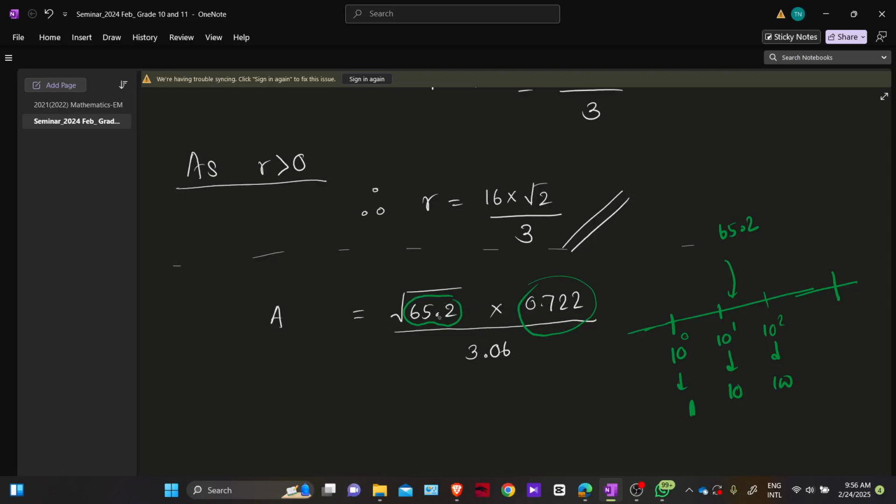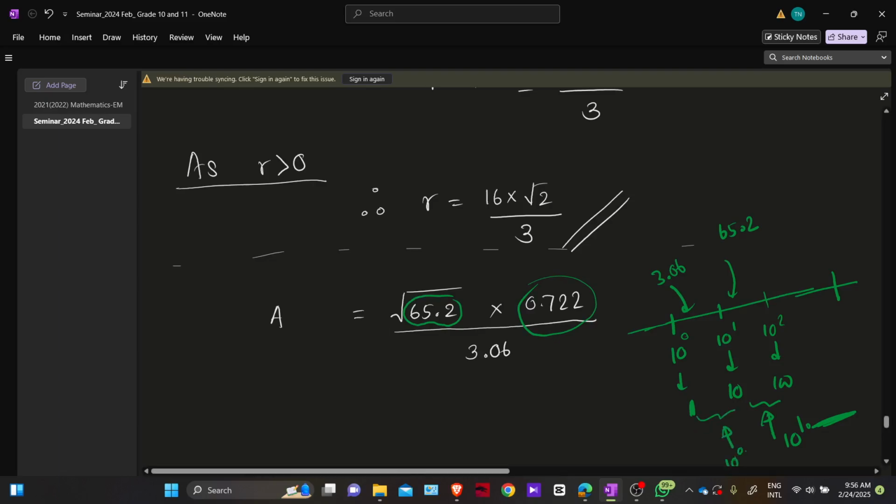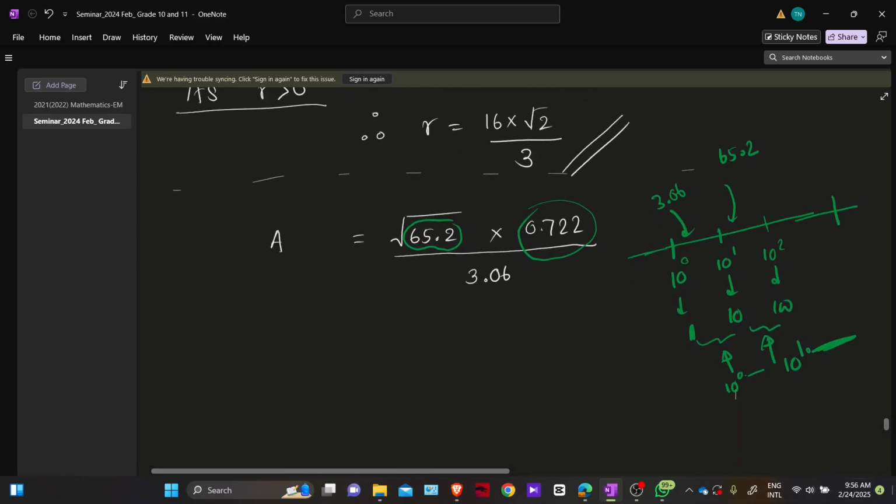But to reduce the time, we can easily grab this answer. 65.2 means somewhere here, which means you can write it as 10 to the index 1 point something. Clear? Obviously 3.06 is here, it's fine. This is 10 to the index 0 point something, right?